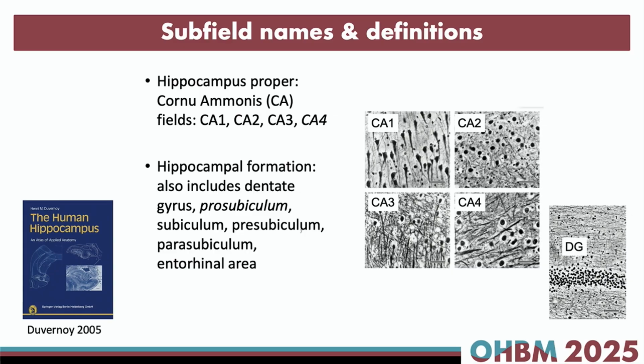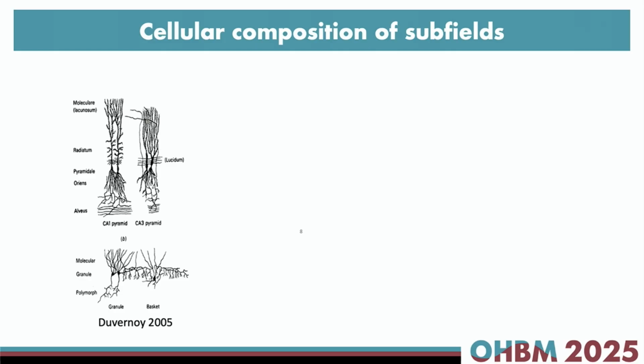Dentate gyrus is the most different from all the other subregions. That's because it contains more, as I'll show you in the next slide. I don't think it has either very few or no pyramidal cells, and mostly consists of granule cells and basket cells. So that's why, again, if you look at staining of histological tissue, you can see that the dentate gyrus looks very, very different from the CA fields.